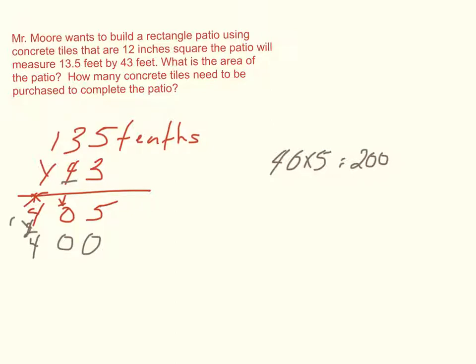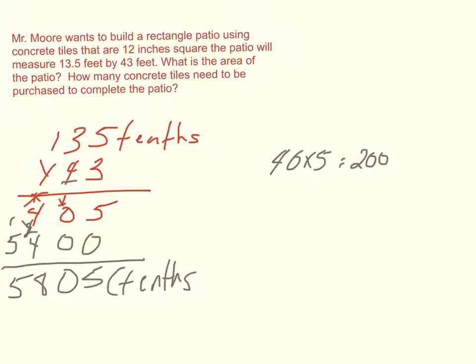And then 4 times 100, which is 4,000, plus 1 more 1,000, which is 5,000. Add them up: 5, 0, 8, 5. And this is still in tenths. We did that so that we didn't have to multiply by a decimal.